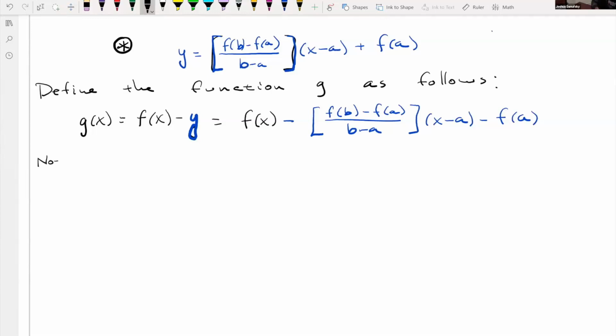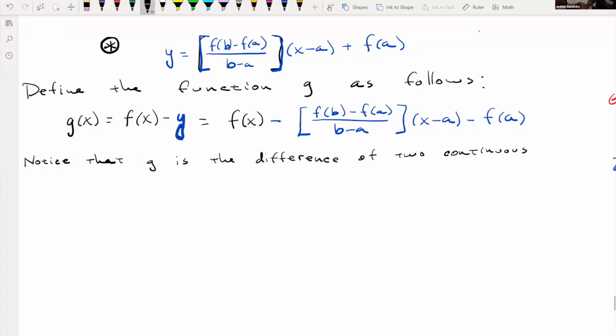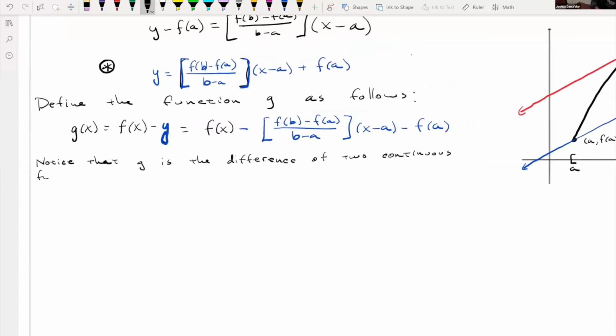Okay, we have to notice a few things. Notice that g is the difference of two continuous functions on the interval AB.